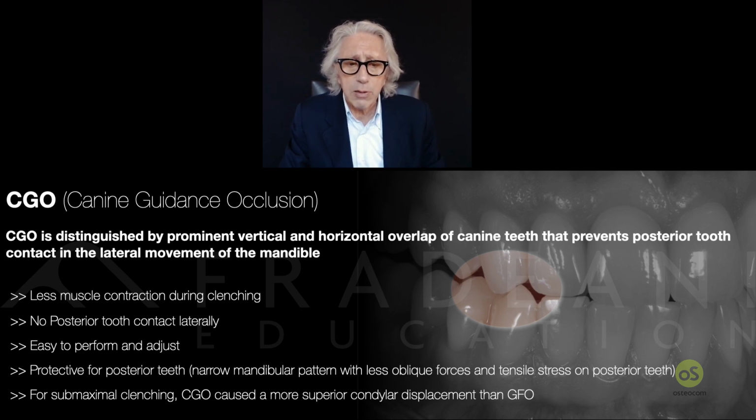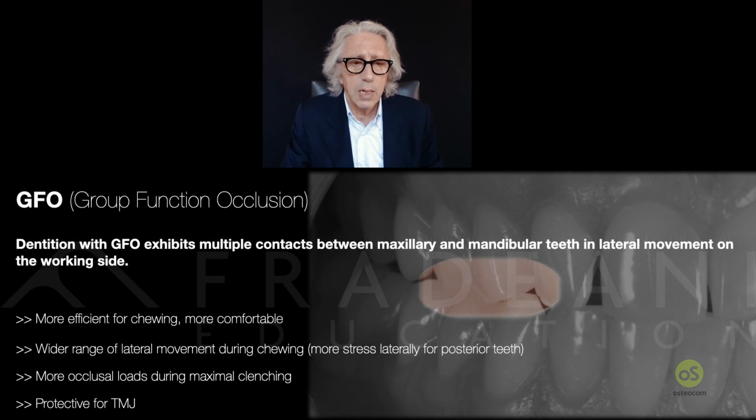It seems to be protective for posterior teeth because we have a narrow mandibular pattern with less oblique forces, and canine guidance occlusion can also cause a more superior condylar displacement than group function. So the most important: no posterior tooth contact laterally, easy to perform and adjust, and less muscle contraction during clenching.